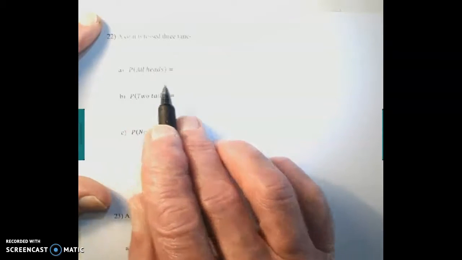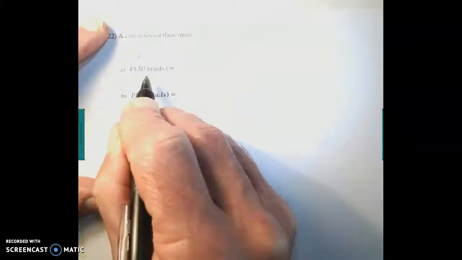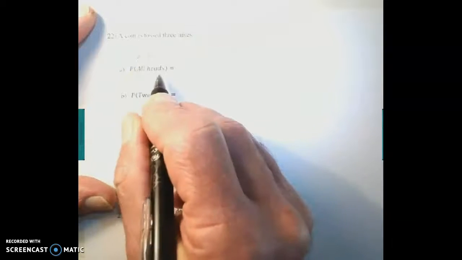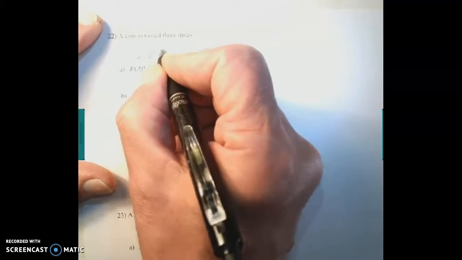So this one, kind of an easy one, would be the probability of getting heads on the first flip is 1/2. The probability of getting heads on the second flip is also 1/2. And the probability of getting heads on the third flip is 1/2 again.